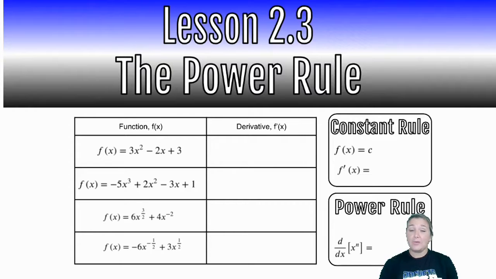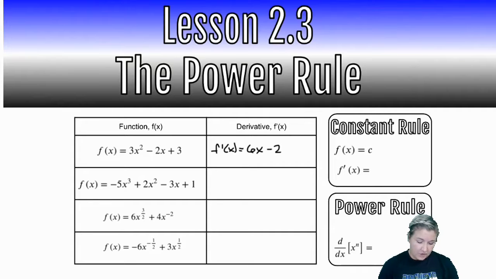So here's what I'm going to do. I'm going to talk my way through the derivative, and let's see if you can come up with the power rule. We look at these polynomials. The function f of x is 3x squared minus 2x plus 3. The derivative f prime of x is 6x minus 2.